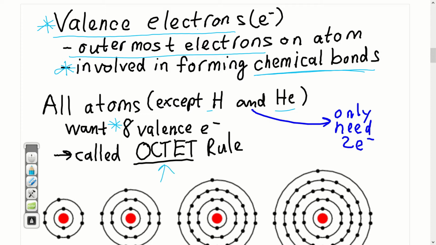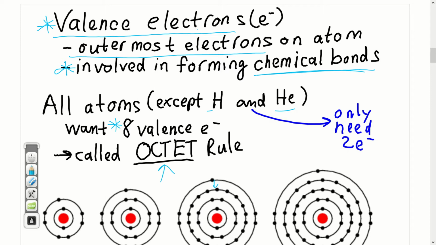Obviously, octet meaning 8. All atoms have a desire to try to create this full outer energy level, and it turns out the outermost energy level can hold a maximum of 8 valence electrons. So basically what we're doing from here on out is we need to figure out how many valence electrons an atom has, and then how is it going to try to get more or less to possibly go down to a lower energy level with 8 valence electrons.